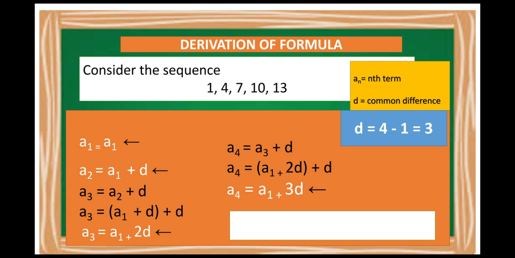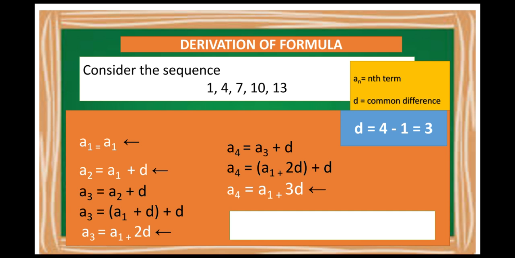As we take a sub 3, we have a sub 1 plus 2d. As we look for a sub 4, we have a sub 1 plus 3d. So what I'm trying to say is that whatever term you decide to look for, a sub 1 is always present.